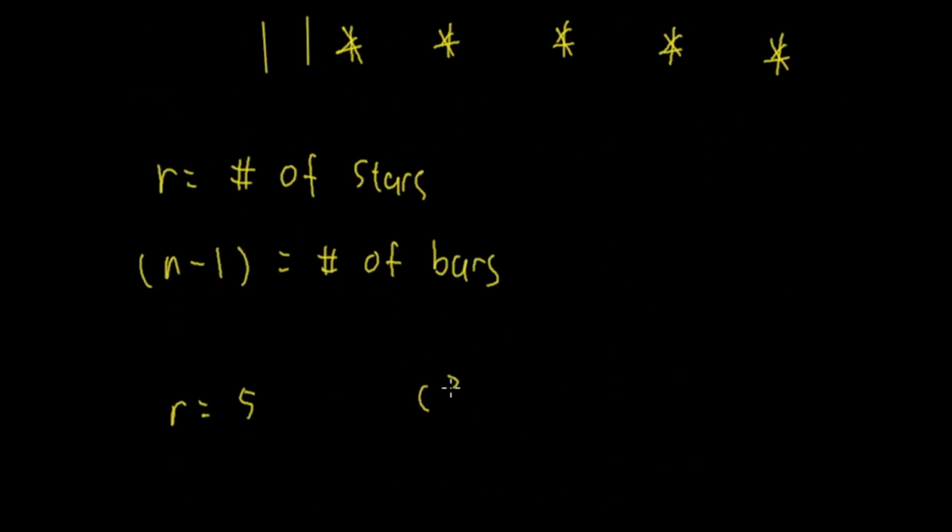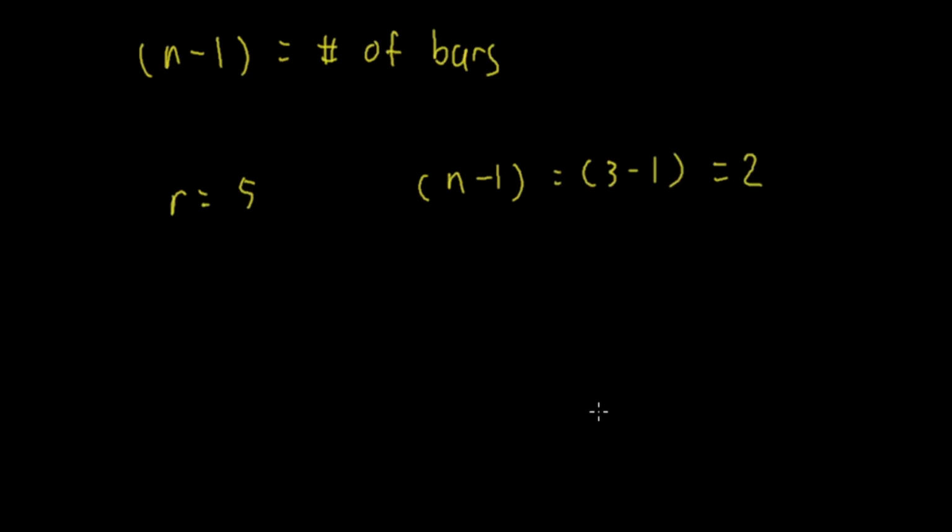So 3 minus 1. Let me write this. n minus 1 is 3 minus 1. That is 2. Okay, if we put it into the formula here, right? The one that we just talked about, right?